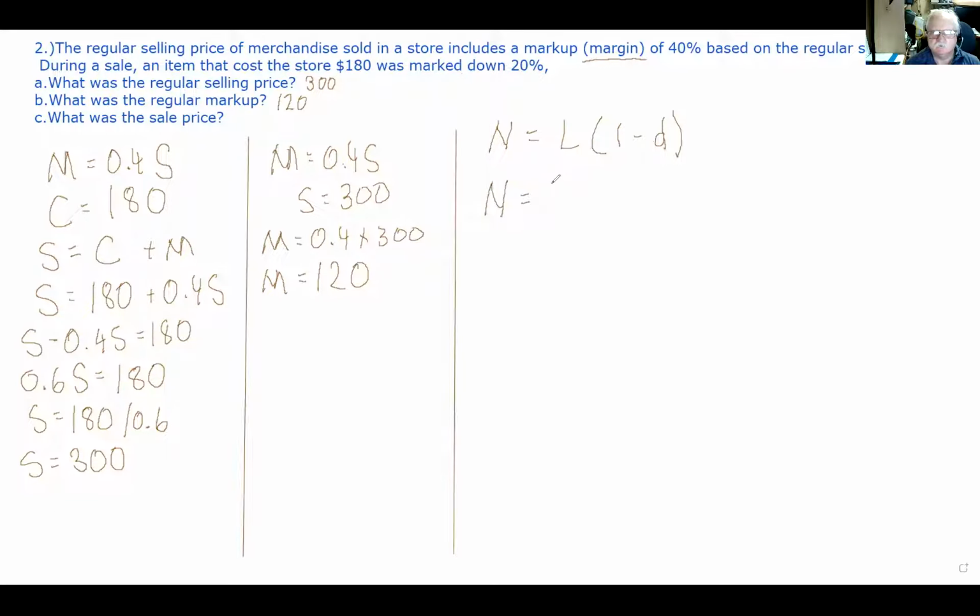N equals 300 was the list, and 1 minus 20%, so 0.2. So this becomes 0.8. So we can figure out 300 times 0.8. So when it was marked down 20%, it's selling for $240. So that would be this answer.